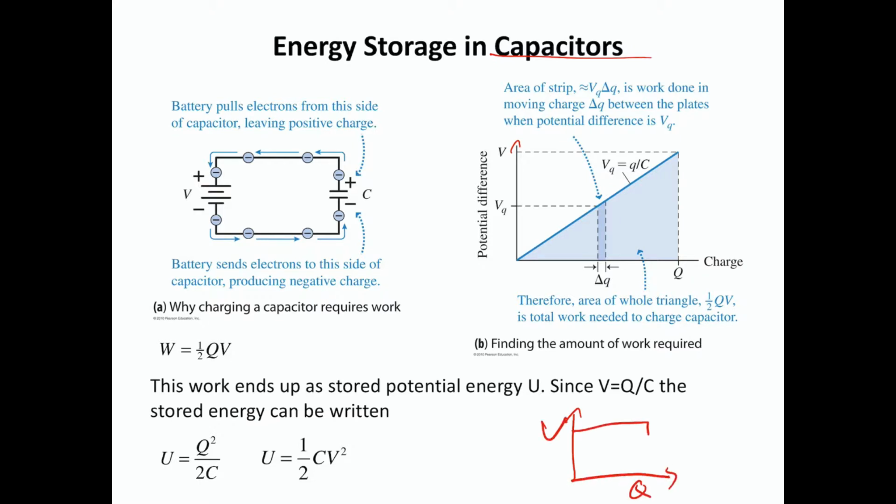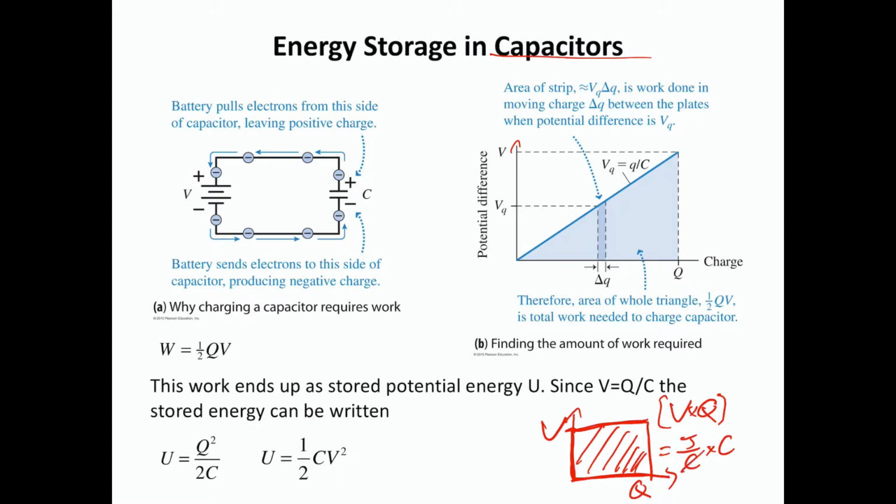If you have a rectangle here, what's the area of the rectangle? V multiply Q. The value of V multiply the value of Q, so it's the area. Look at the unit. The V is joule per coulomb. Charge is coulomb.